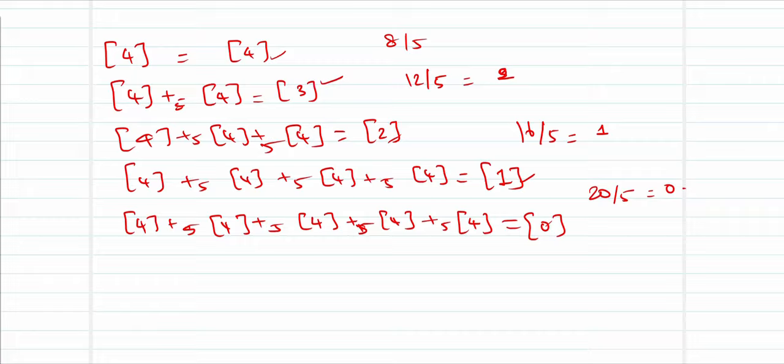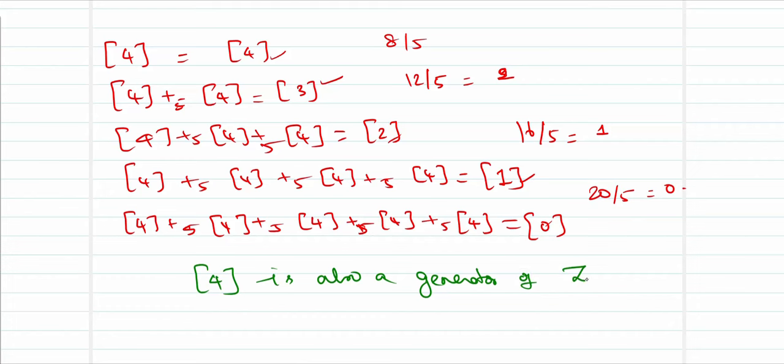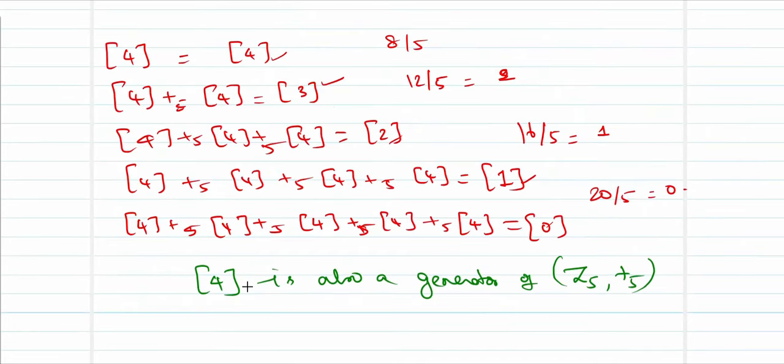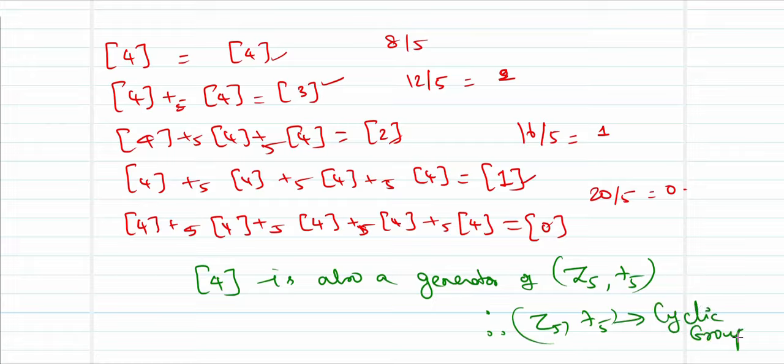So the element of class 4 is also a generator of the addition modulo 5 class. Whenever A is a generator, its inverse will also be a generator. So class 4 is also a generator. Therefore Z5 with respect to addition modulo 5 is a cyclic group, and hence the proof.